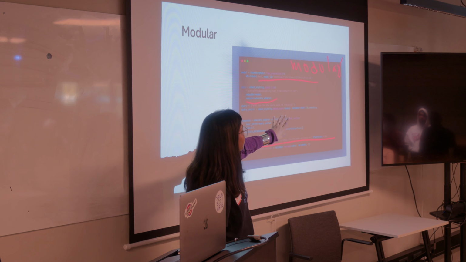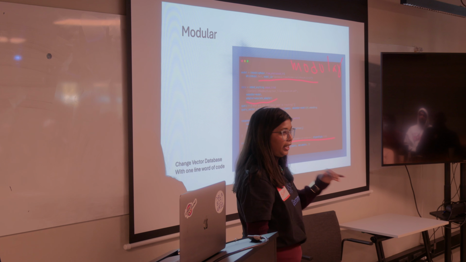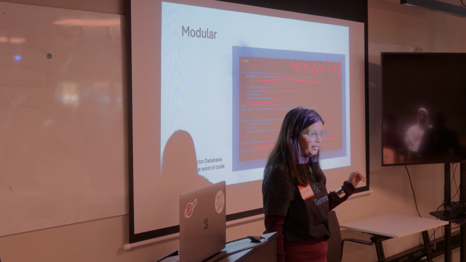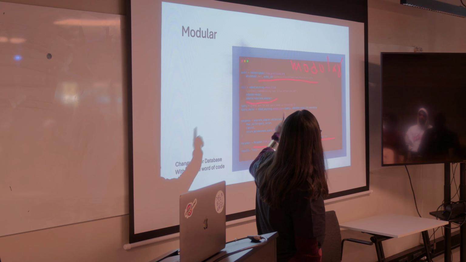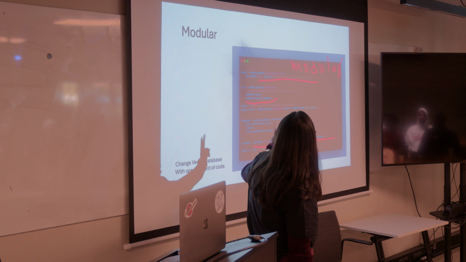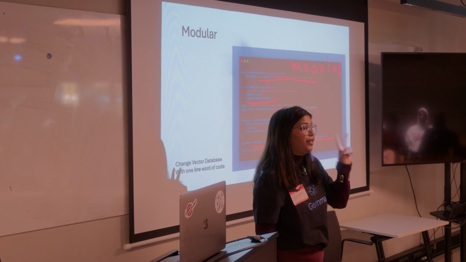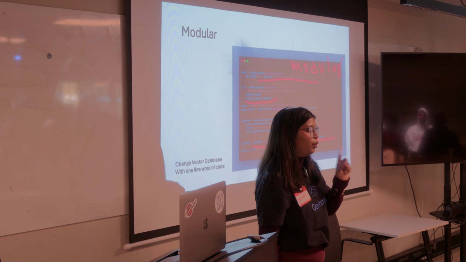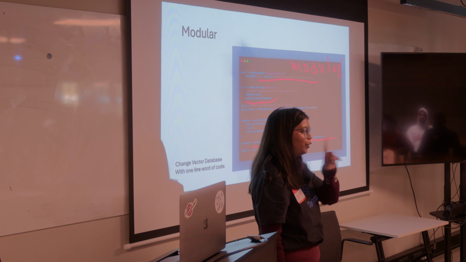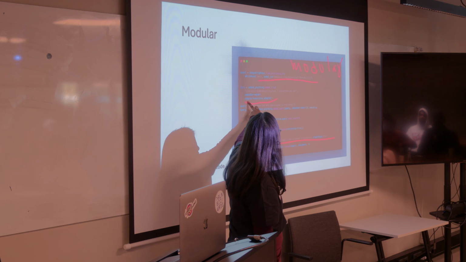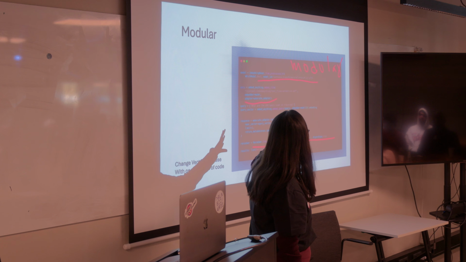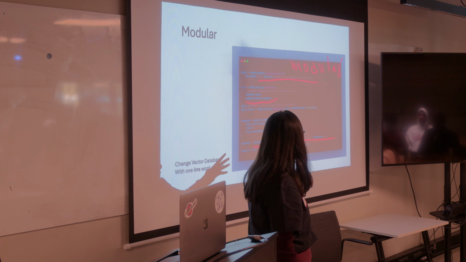You could use any model present on Hugging Face. You just have to choose the architecture. You could change the vector database with one line of code. No, one word of code. You just have to change the adapter here and give your keys and stuff.